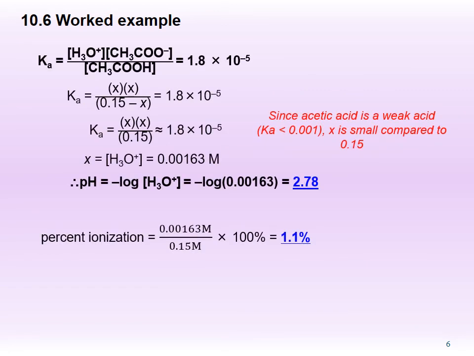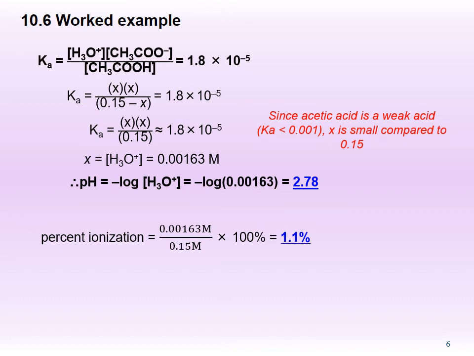To solve for X, we need to write the Ka expression, which is hydronium ion concentration times acetate ion concentration divided by acetic acid concentration. Equate this to 1.8 times 10 to the power of negative 5, which is given. Plug in the equilibrium concentrations of each species from the last row of the ice table.